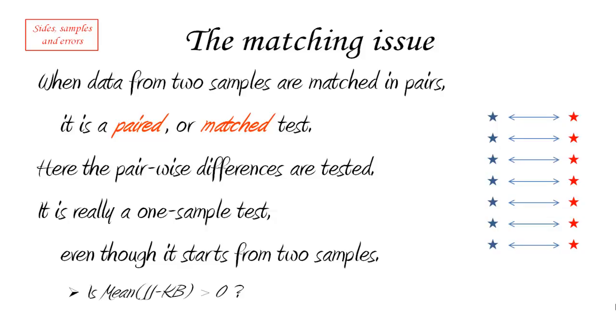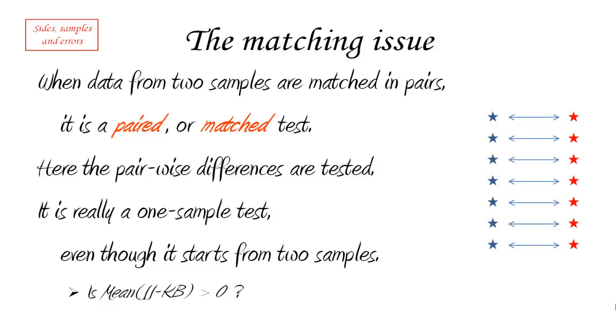As an example here, instead of comparing two groups of people, one of which is doing jumping jacks and the other group is doing knee bends, what we can do is ask the same people to do jumping jacks, then rest, then do knee bends, and then get their heart rates after each one of the two exercises, and then look at their difference.